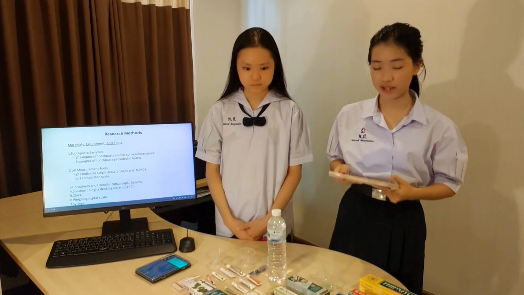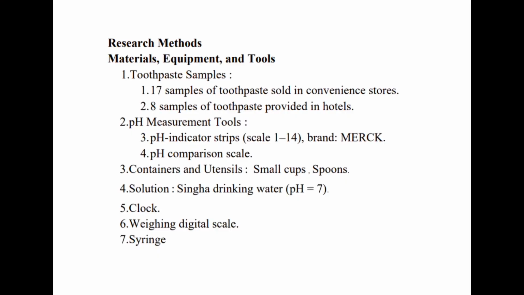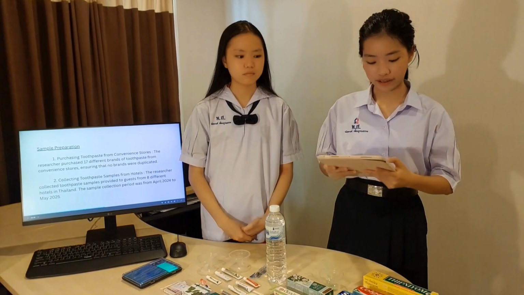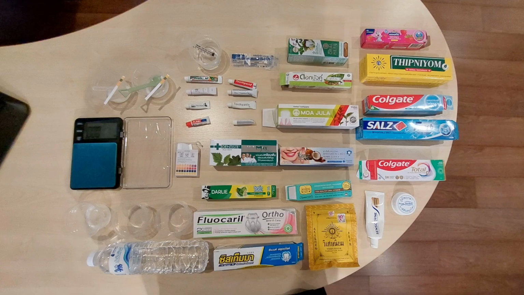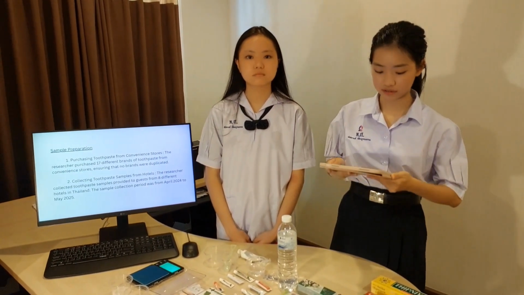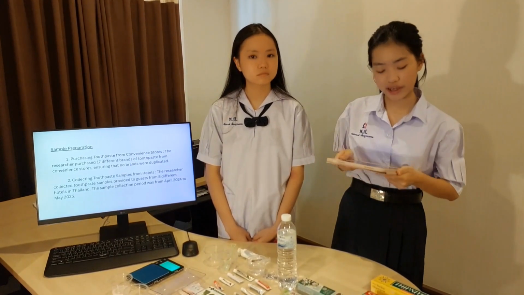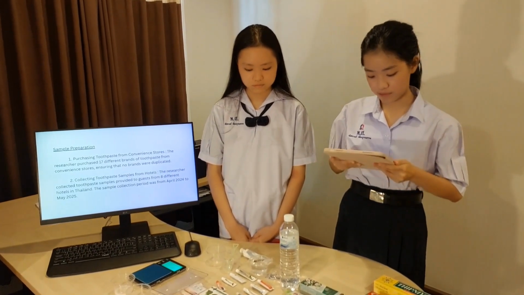First, let's start with the materials, equipment, and tools. Now, let's start with the sample preparation. Let's start with our experimental procedure. First, we squeeze toothpaste onto a spoon and transfer it into a test cup.